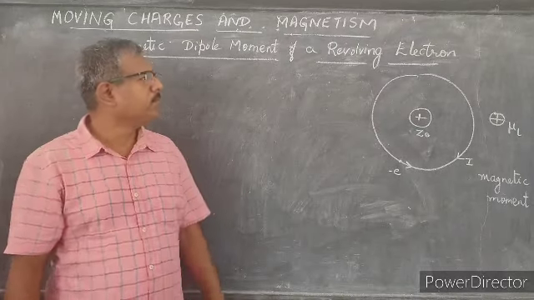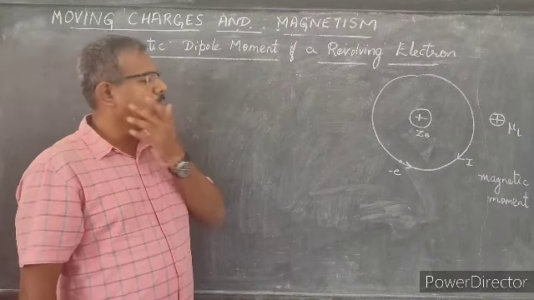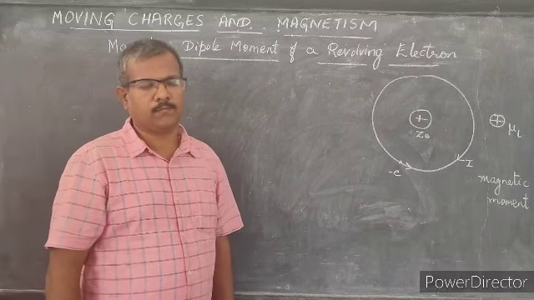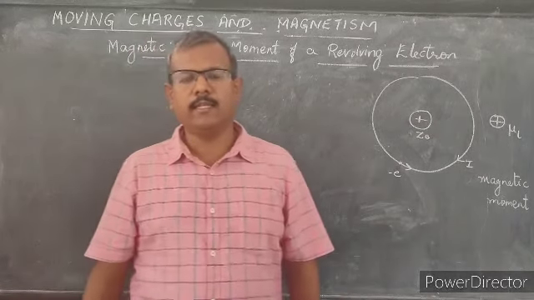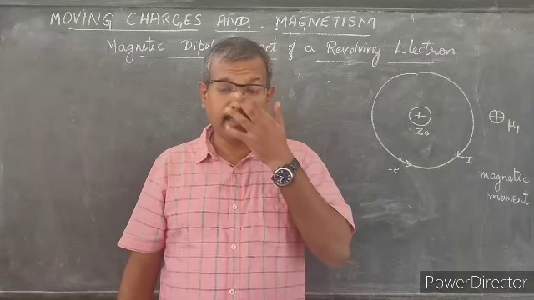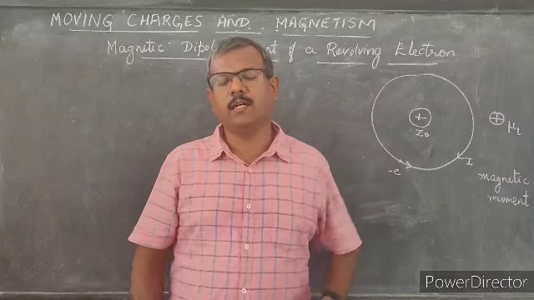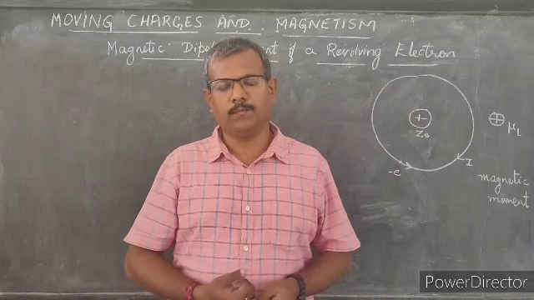Let us consider the magnetic dipole moment due to a revolving electron. So we already discussed the magnetic dipole resulting due to a circular loop.